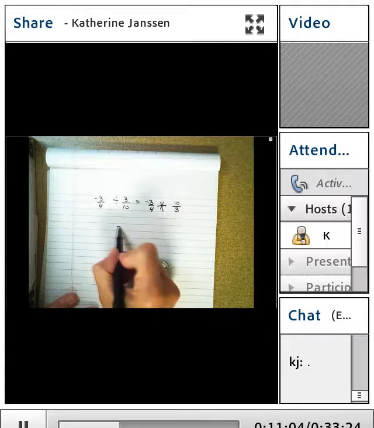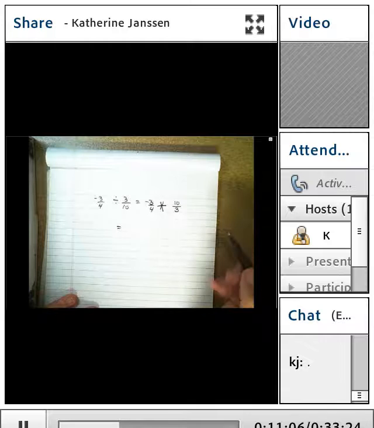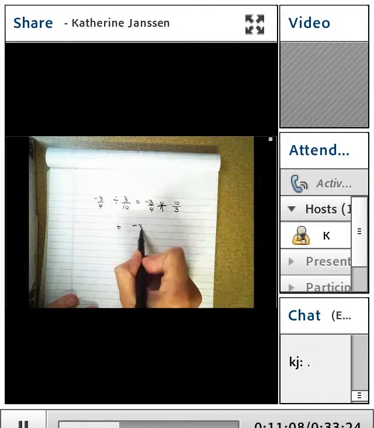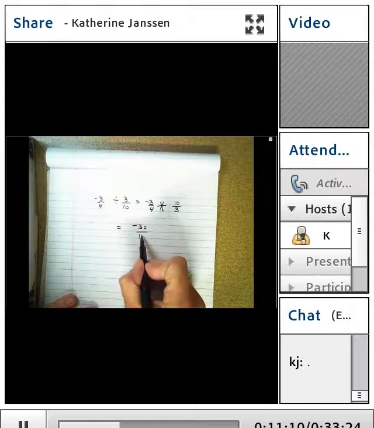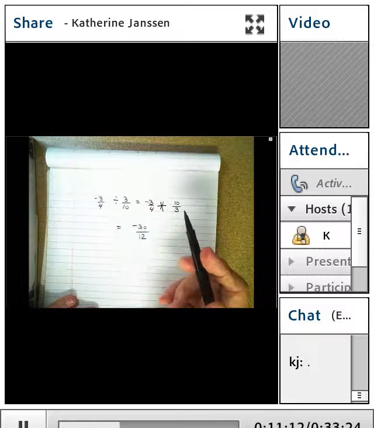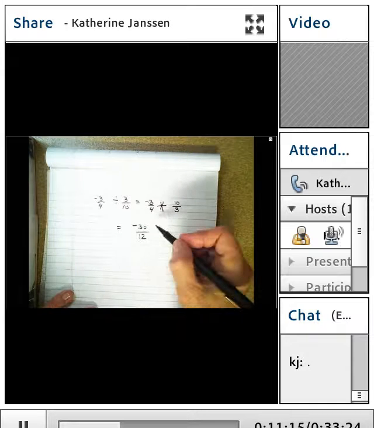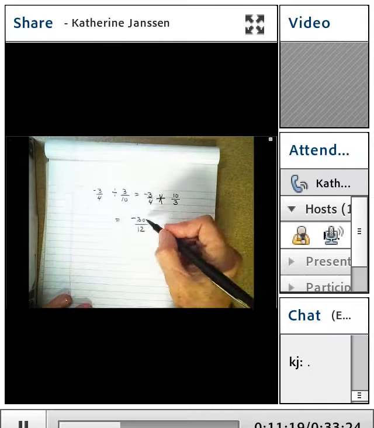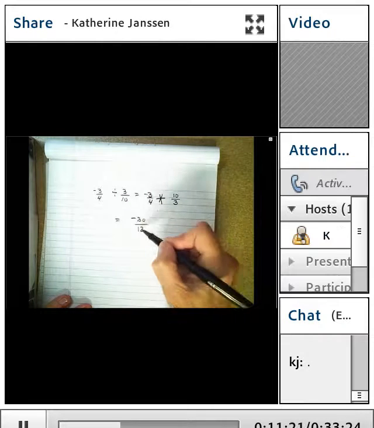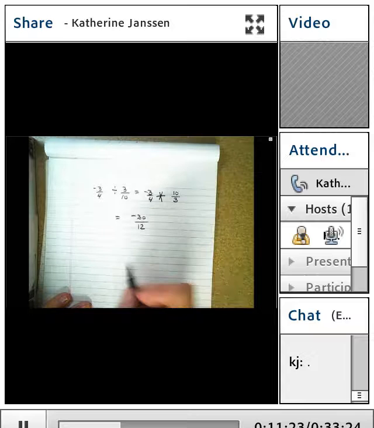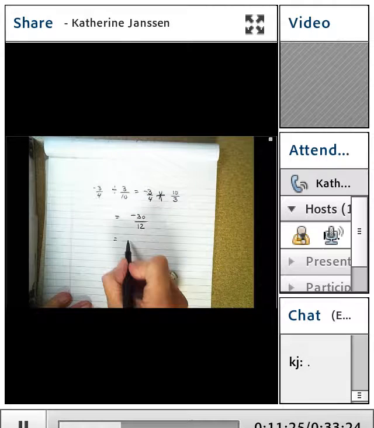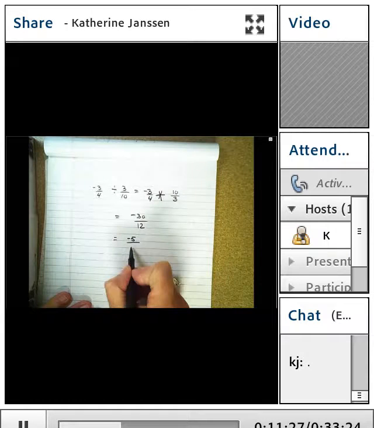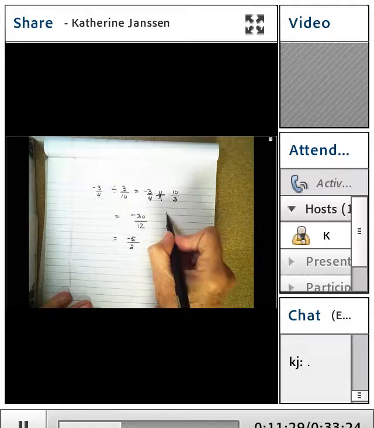Negative 3 times 10 is a negative 30, and 4 times 3 is 12. This is even. Let's see, 6 goes into 12 and 6 goes into 30. 6 goes into 30 negative 5 times, and 6 goes into 12 twice. So my answer is negative 5 halves.